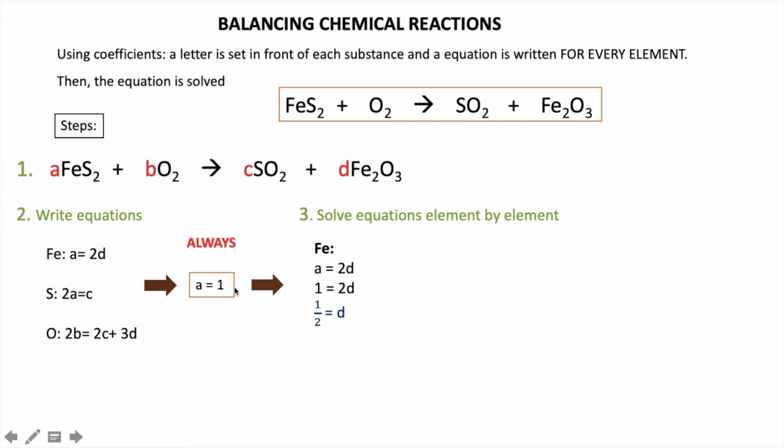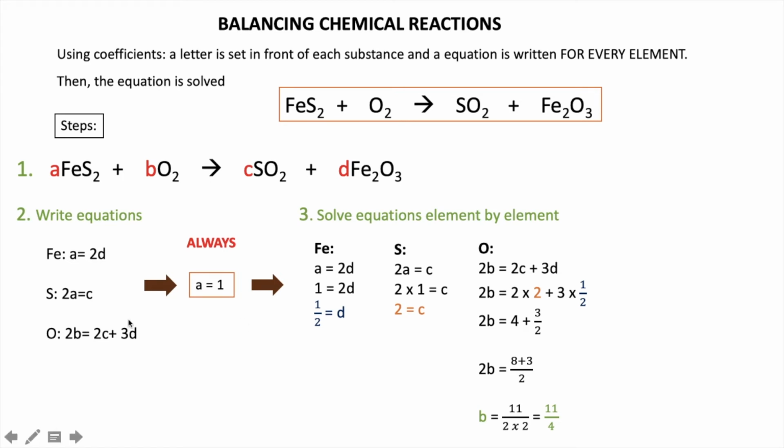If A is equal to 1, we have 1 equal to 2D. So we solve this equation and we have the value of D. Follow with sulfur. Write the equation, put the values. A is always 1, and now we have the value of the letter C.